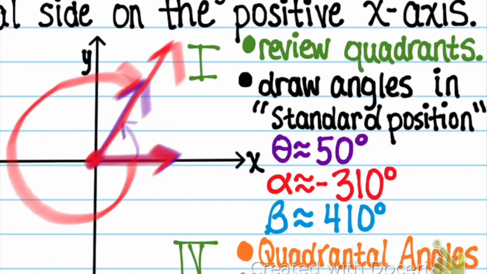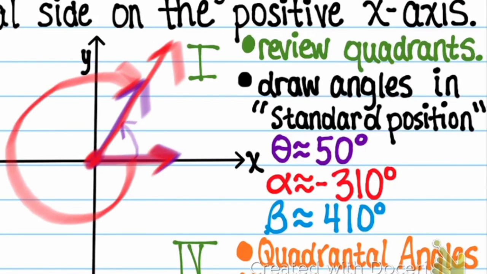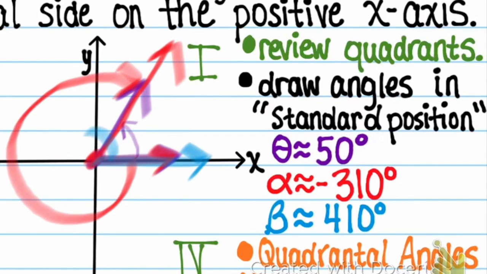How many degrees can be found in one full revolution? 360 degrees. Since 410 degrees is more than 360 degrees, this angle will sweep out more than one full revolution from its initial side, counterclockwise through quadrants 1, 2, 3, and 4.